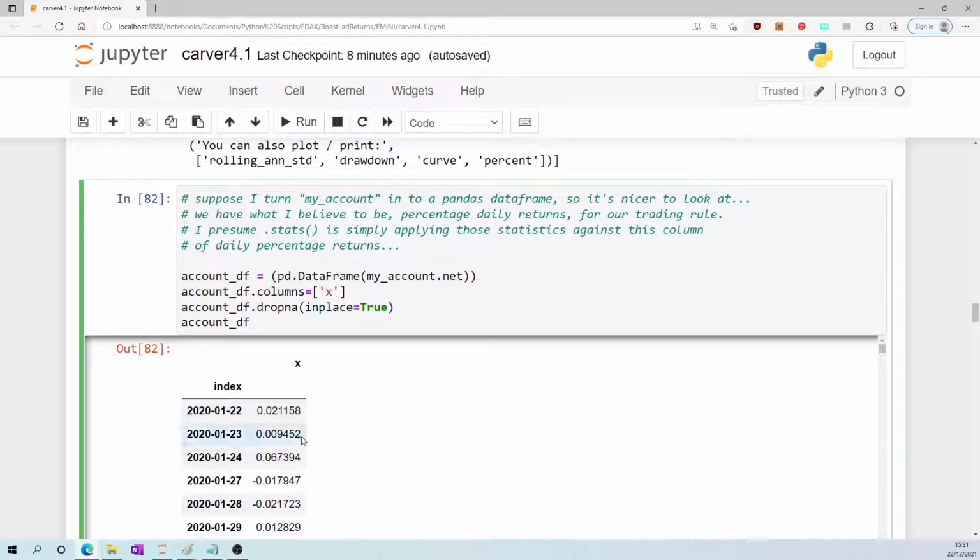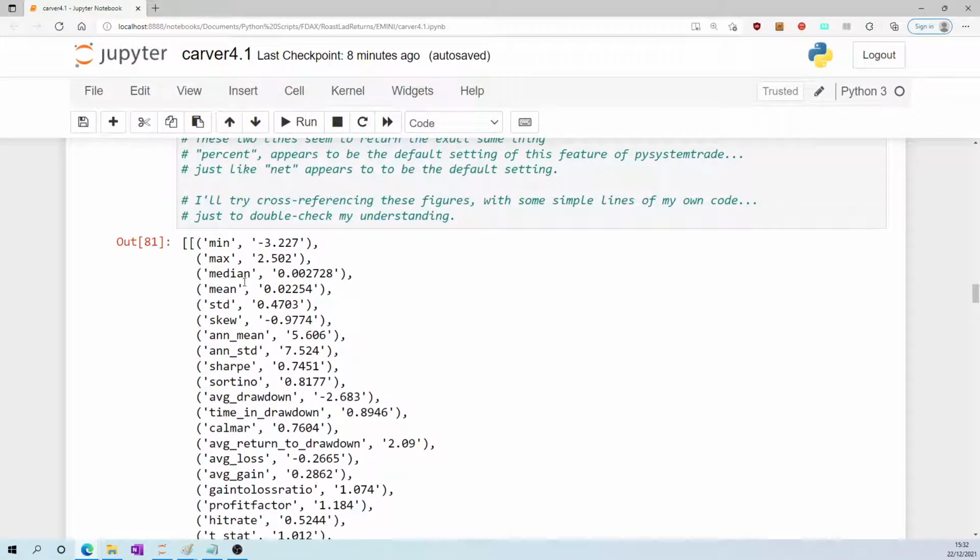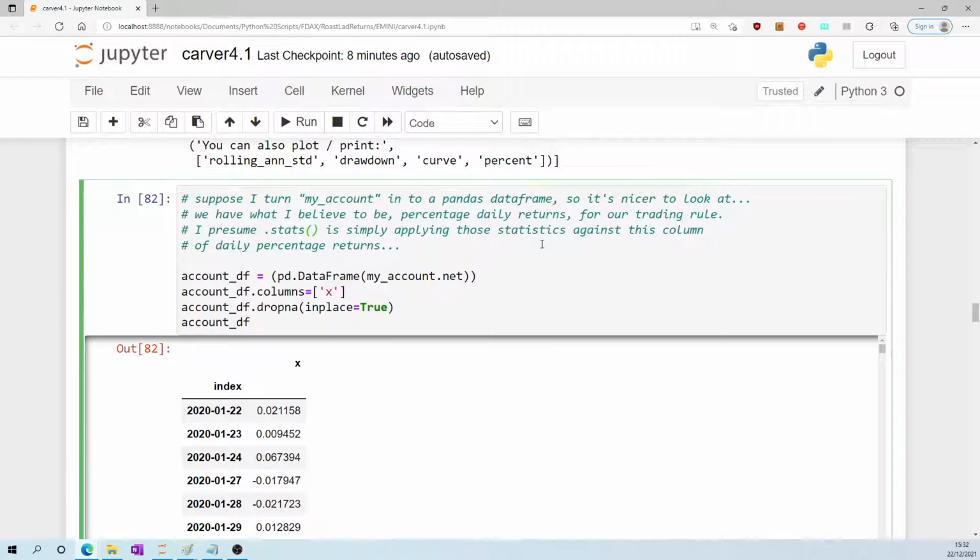That's what I've done here, and I believe this column is showing the percentage daily returns for our trading rule, like I mentioned. And my presumption is that .stats is simply applying these statistics, standard deviation, mean, max, min, etc., against this column of values. And I'm going to test that.